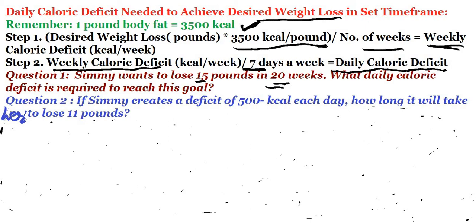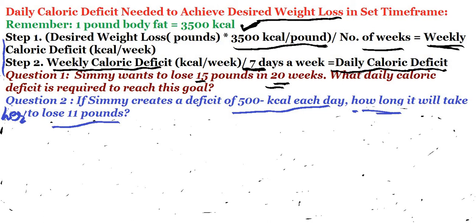Now coming to the second question: if Simi creates a deficit of 500 kilocalories each day, how long will it take her to lose 11 pounds? The calorie deficit each day is 500. This sum can be done in a very easy way, or you can do it in a little more complicated way as given in this formula. First I will give you the simple way.